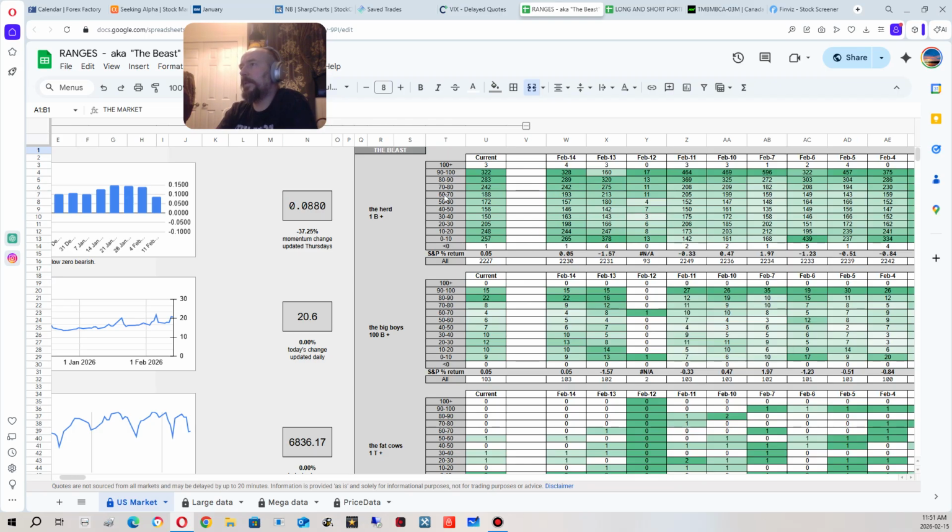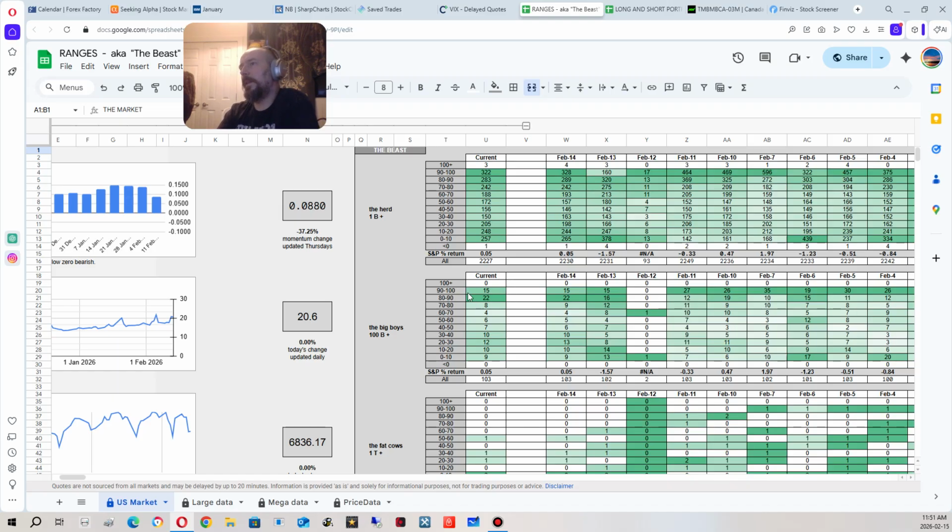We are starting to see the dark side, even though the big boys are still showing the biggest amount going up. Anything up here, stocks are going up. Anything down here, the stocks are going down. This is the herd, the entire market. This here represents the big companies, anybody over 100 billion.